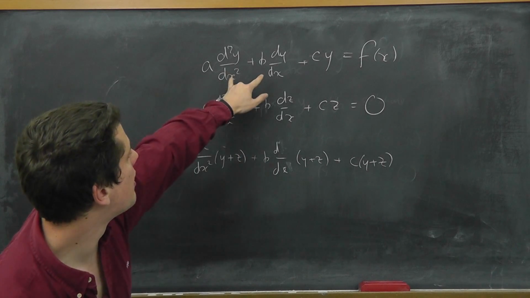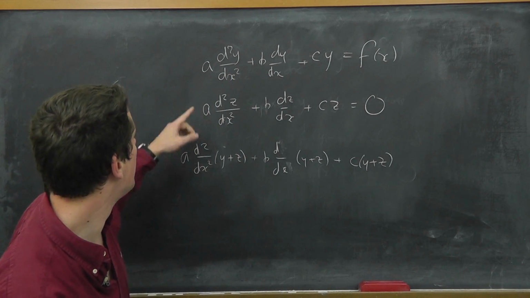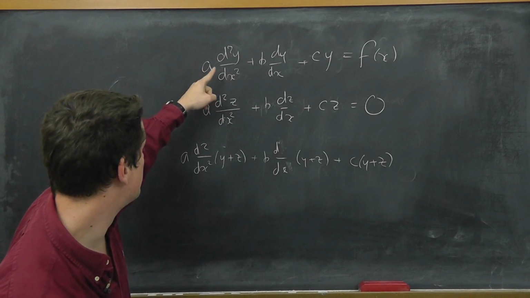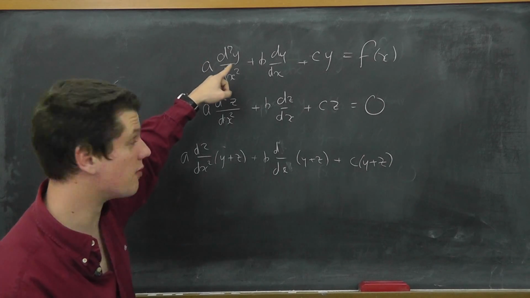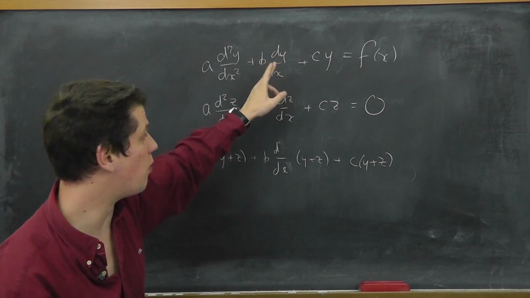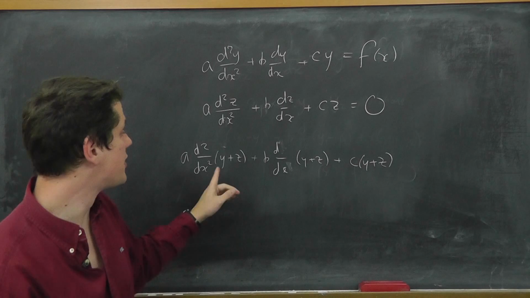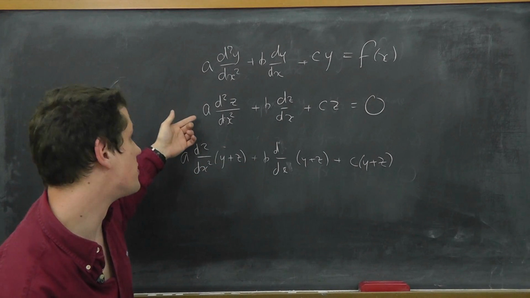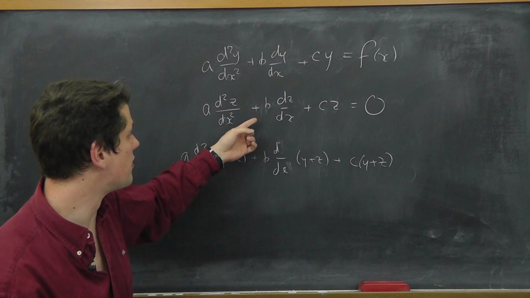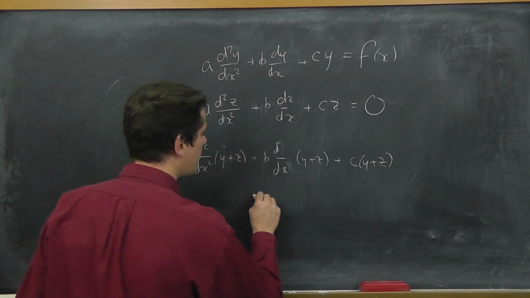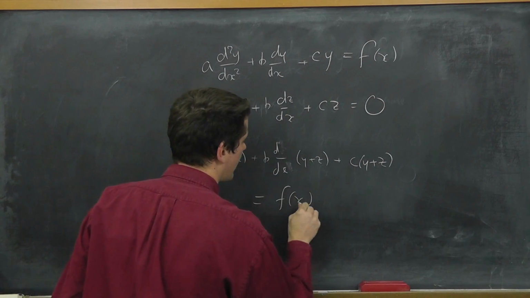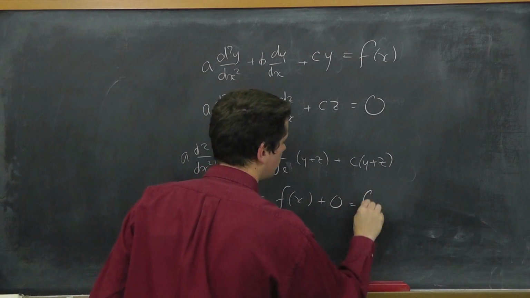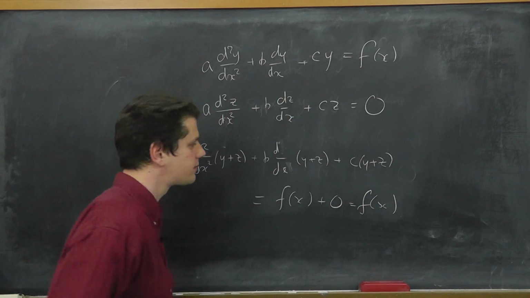Well, the terms involving y are a times the second derivative of y plus b times the derivative of y plus c times y, and the terms involving z are a times the second derivative of z plus b times the derivative of z plus c times z. So what we get is f of x plus 0, which is of course f of x.